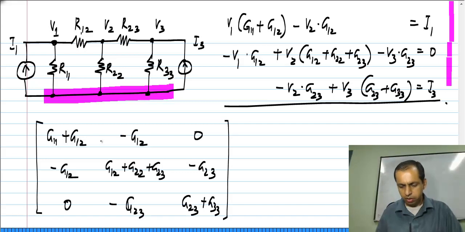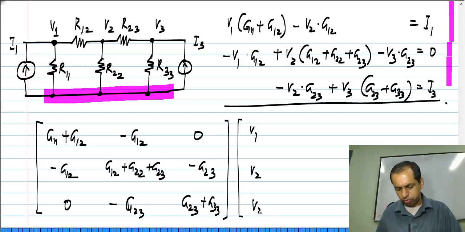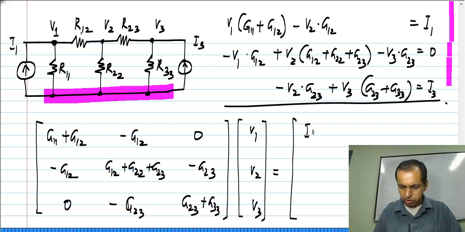This is a matrix times the vector of variables V1, V2, V3, and this will be equal to the vector of independent sources I1, 0 and I3.